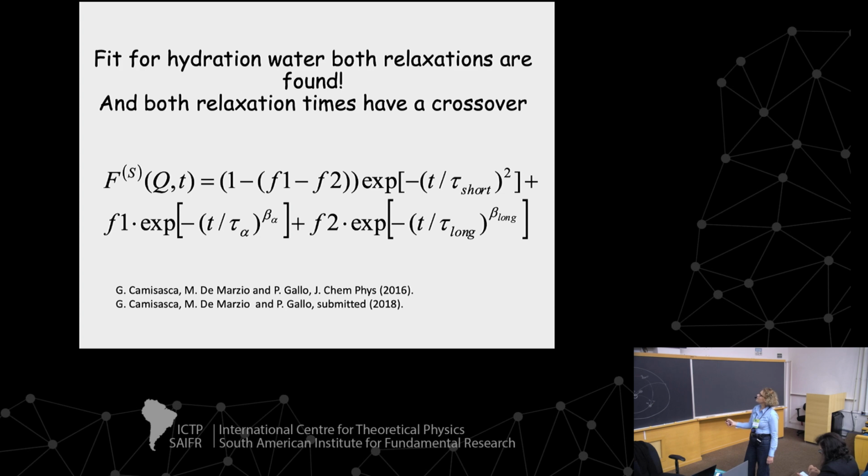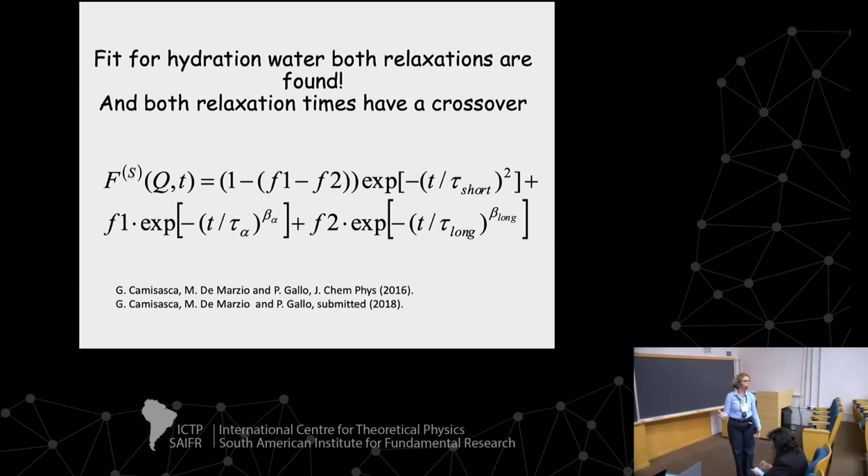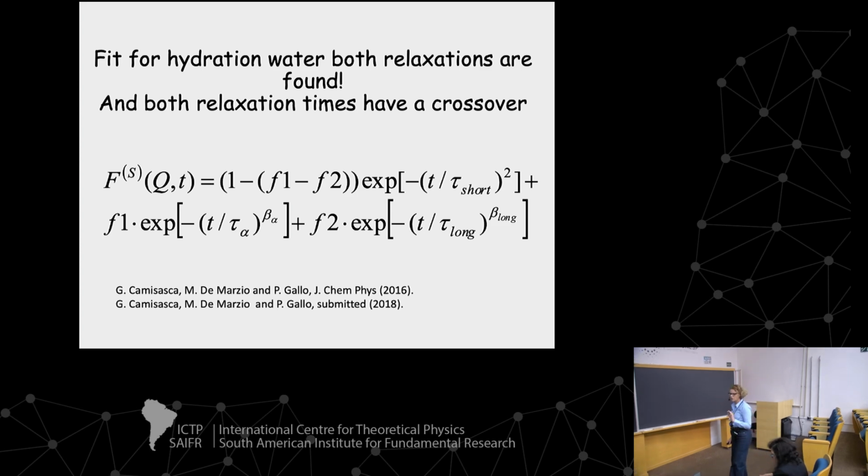And then we have a third term, which is the long relaxation, which is new for us. I did not present this relaxation so far. It's still a slow relaxation, but it does not have the characteristic of the glass former. This is related to the glassy behavior, and we will see later on that it's exactly behaving like a mode coupling glassy behavior, etc. But this one, the long one, is associated to the interaction of water with the protein, okay?